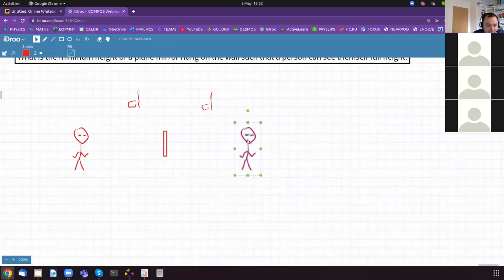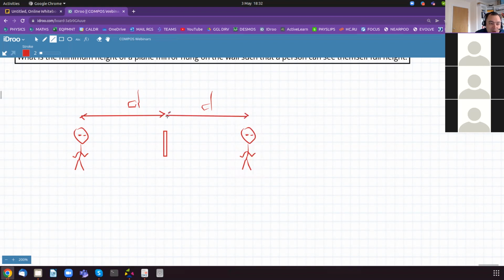That's exactly the same distance, and they're exactly the same size. That's what a mirror does. It creates an image. And now you're trying to see through that window. So these are your eyes.